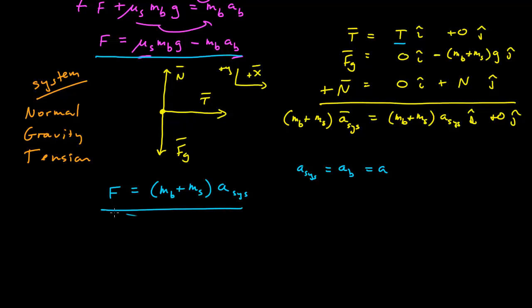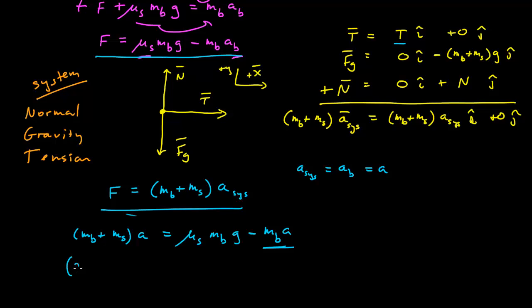I solved both for F, so I can just set them equal to each other. So I get the mass of the block plus the mass of the sled times A is equal to the coefficient of static friction, mass of the block times G minus the mass of the block times A. And now I want to solve for A. So I can bring this to the other side, and this is minus, so I get another block term.